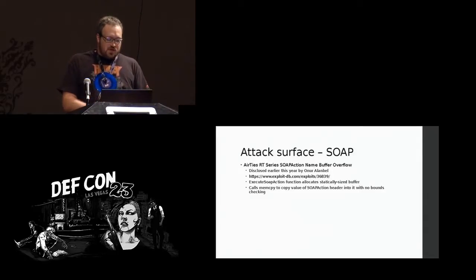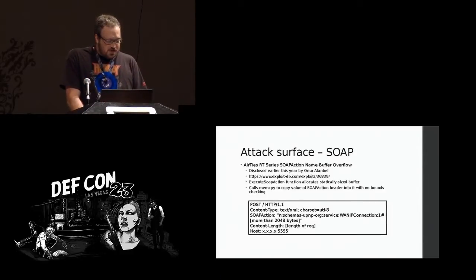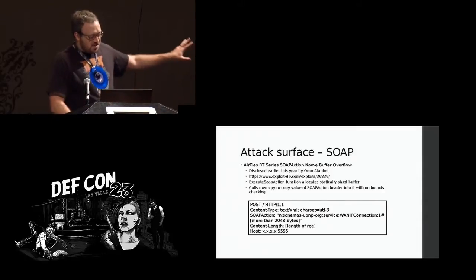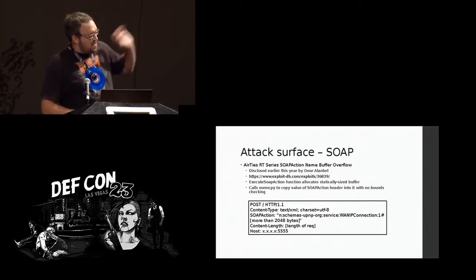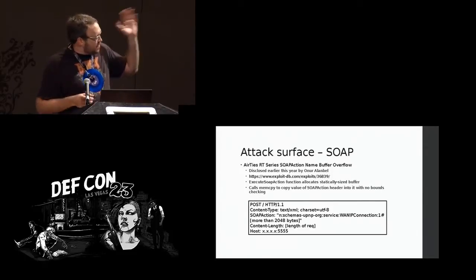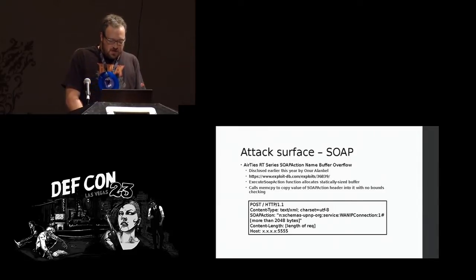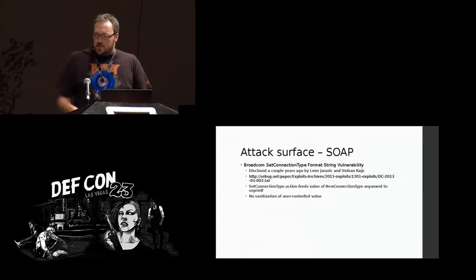This one was even more old school because we're looking at a memcpy buffer overflow, memcpying the action that we're sending in a SOAP request into a statically sized buffer, which looks like this. You'll see the SOAP action with the service type, then the pound sign, and then more than 2048 bytes of data, and it'll overflow the buffer. You know, typical 90s vulns over and over and over again.